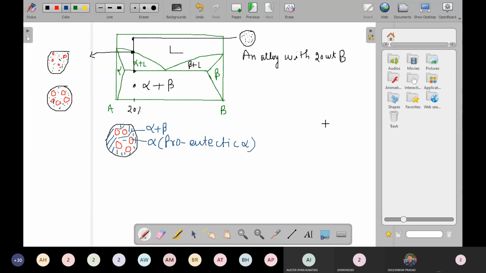Every phase diagram is very important, whether you do research or develop a new material. Phase diagrams help you see what is happening inside the material.